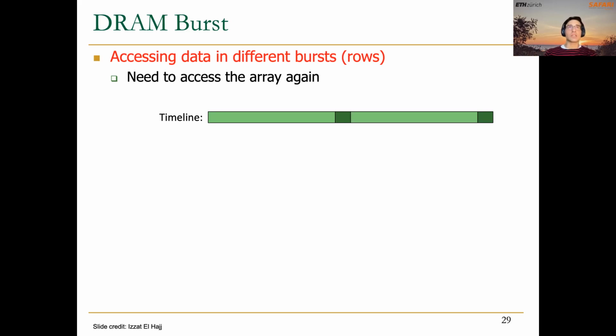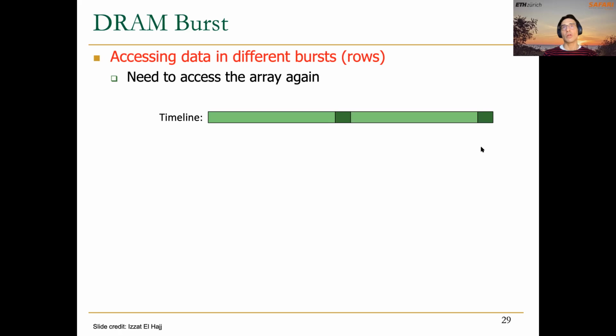And we have just seen this example where, in consecutive accesses to the memory, we want to access data that resides in different banks or in different rows. What that means is that we will have to wait a certain latency, let's say a few tens of nanoseconds, before the row is available in the local row buffer.